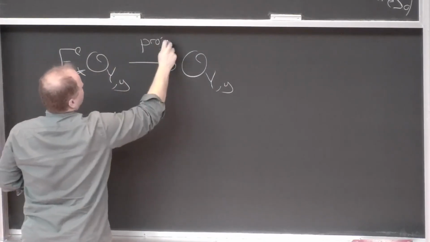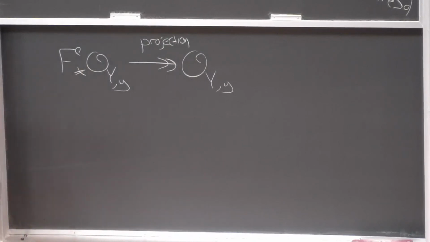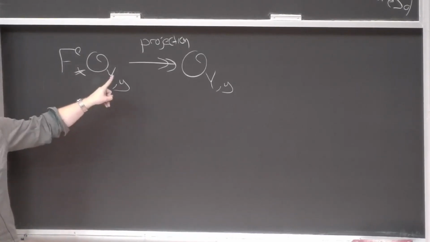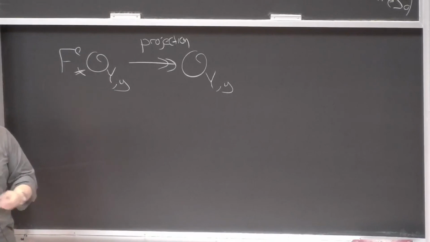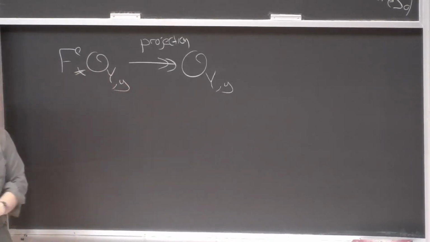In particular, it's going to be some kind of projection onto a summand. And you might ask, if you haven't thought about this stuff before, is this a splitting of Frobenius? And the answer is probably not, because I might have projected onto the wrong summand. I mean, how do I even know I can write the thing generated by 1 as one of my summands? And you can, but it requires a little bit of thought.